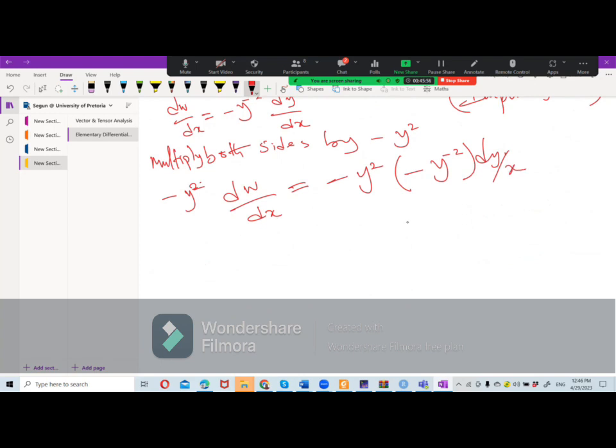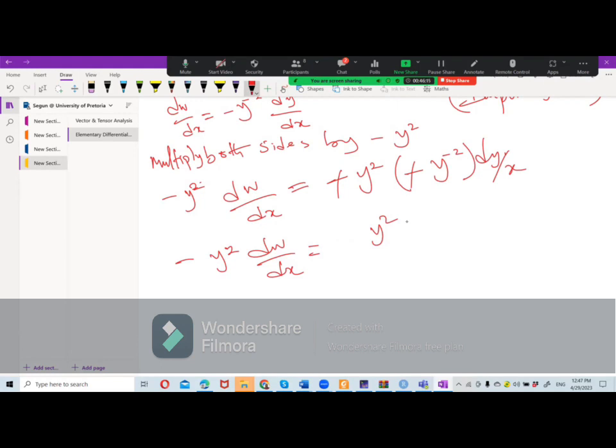So if I want to write this one down, it's going to be minus y^2 dw dx equals minus y squared. Minus times minus is plus. This one will cancel this, making plus.